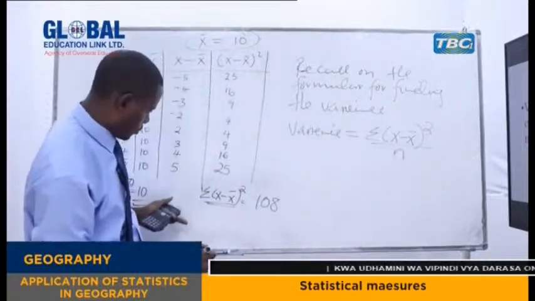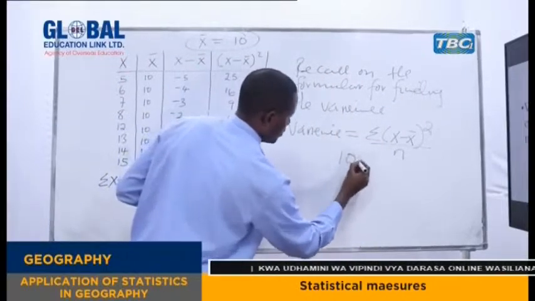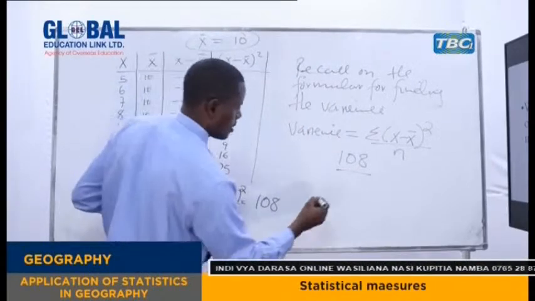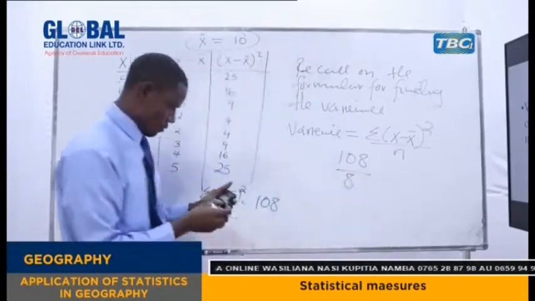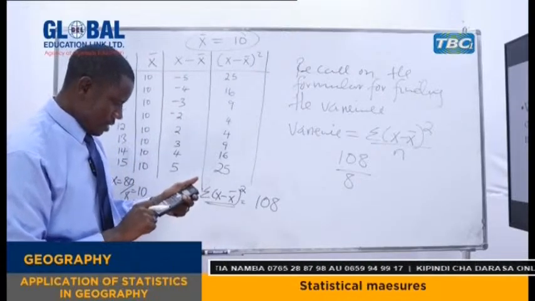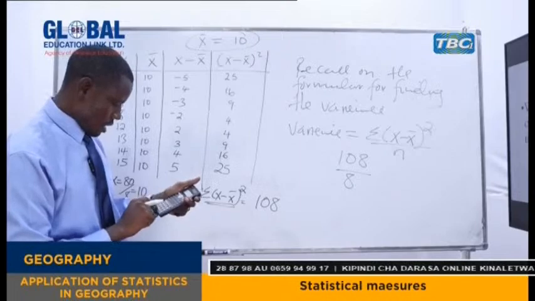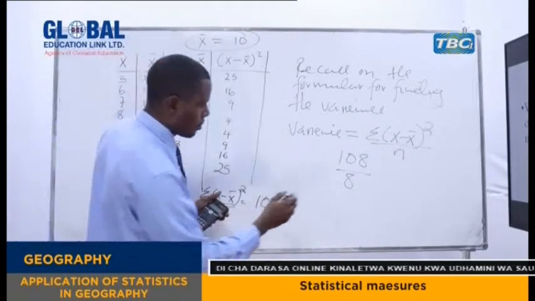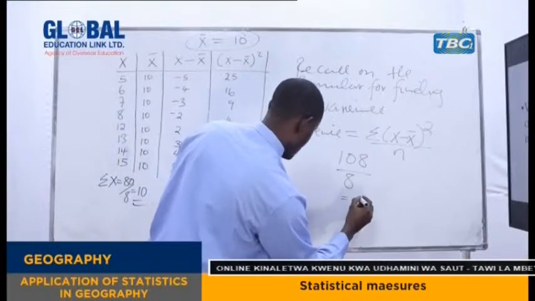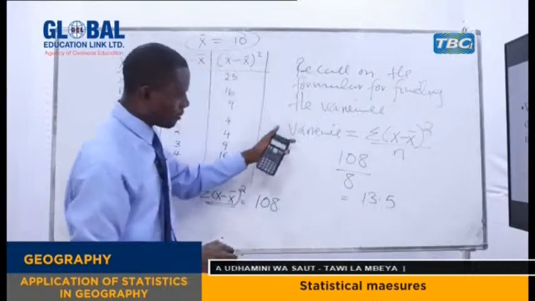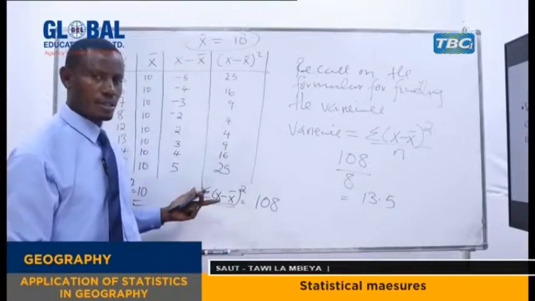For our case, we take 108 and divide it by 8. If we divide 108 by 8, the answer is 13.5. So this is the variance for that particular question.